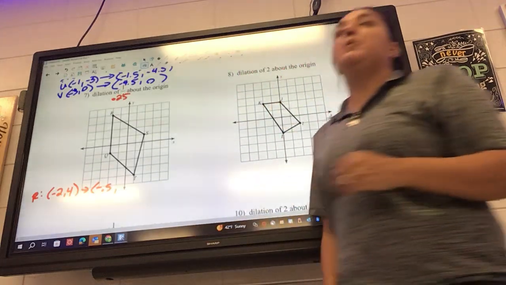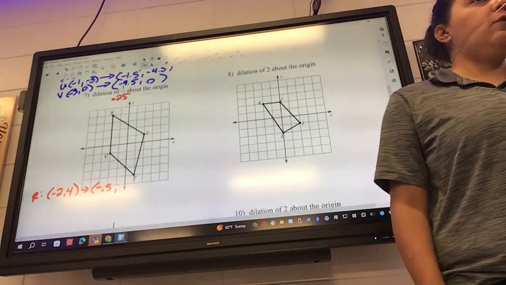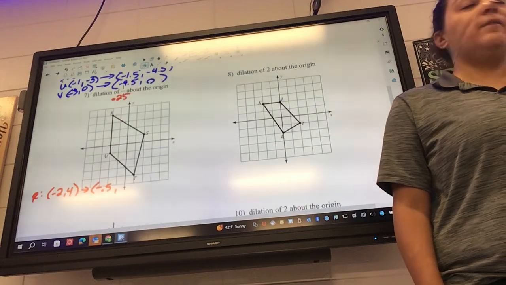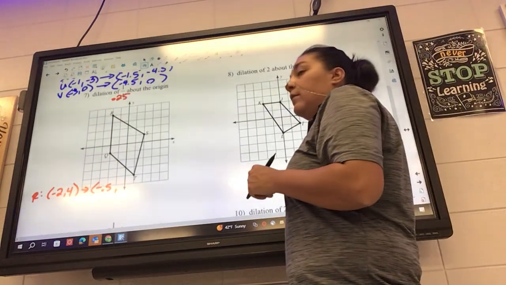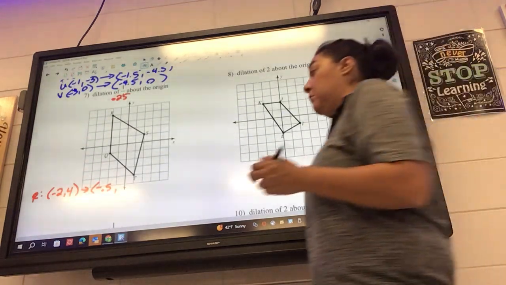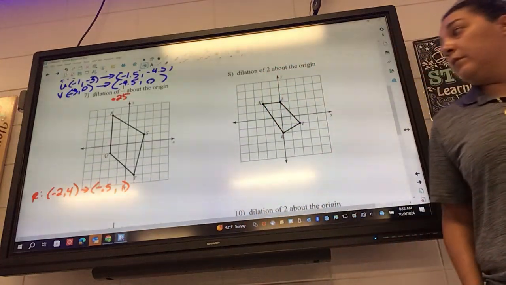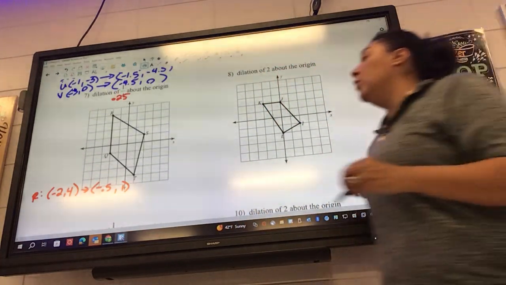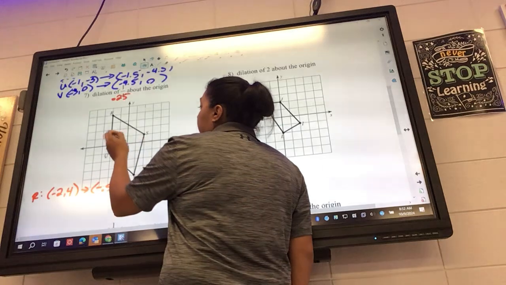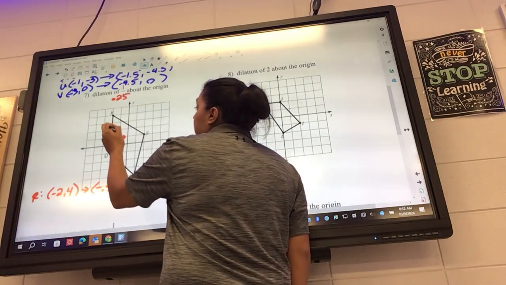Okay, 4 times 0.25. 1. Okay, so negative 0.5, 1. So that's going to be left a half and then up 1. So it should be somewhere here. It's going to be R prime.